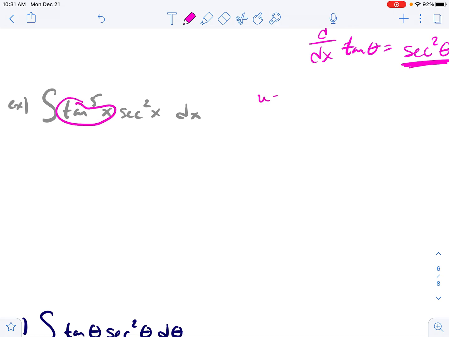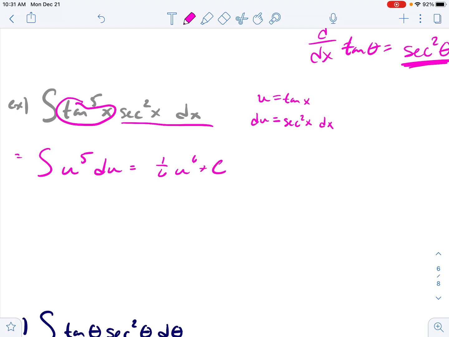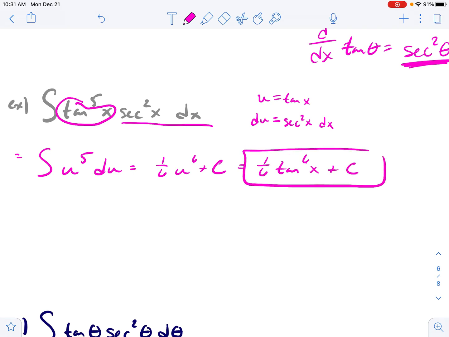Let me let u be the tan function, du is secant squared x dx. That's exactly what we have here, so that's going to work. This becomes u to the 5th du. 1/6 u to the 6th plus c when we integrate. 1/6 tangent to the 6th power of x plus c. And that's it. You're done.